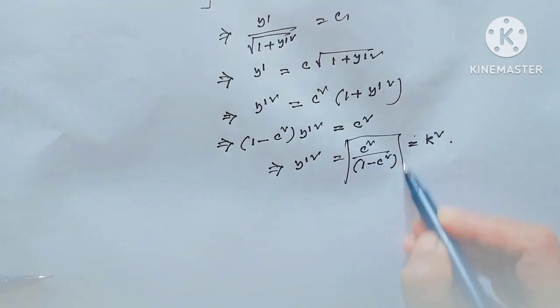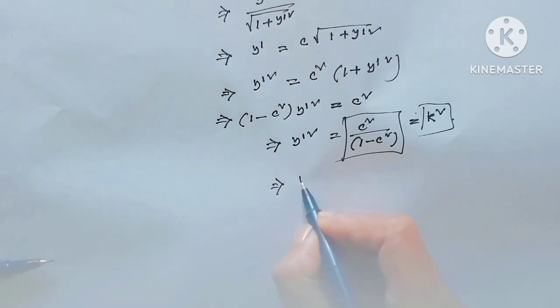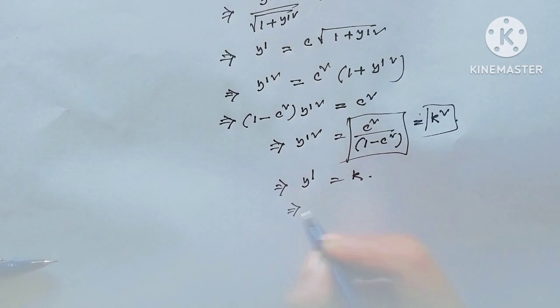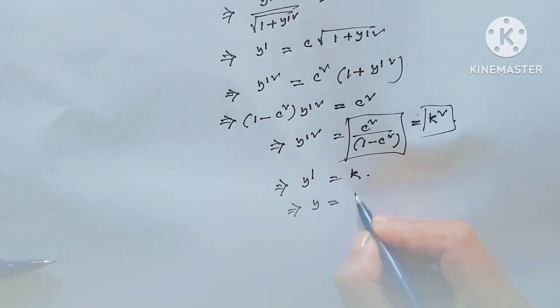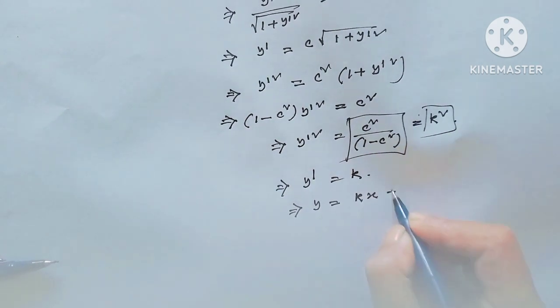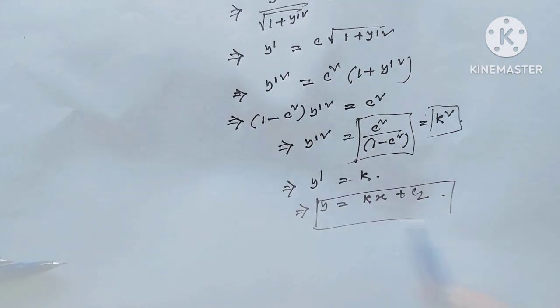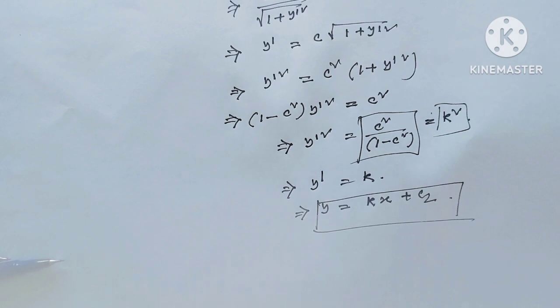Consider this constant as k square. Then y dash equal to k, and that implies y equal to kx plus c2. Obviously this is the equation of a line.